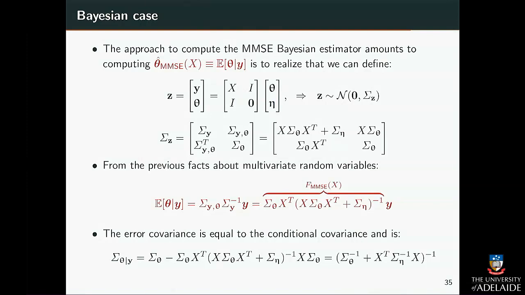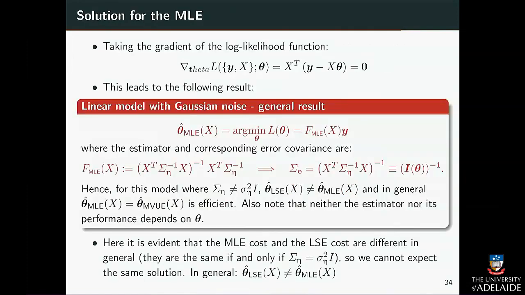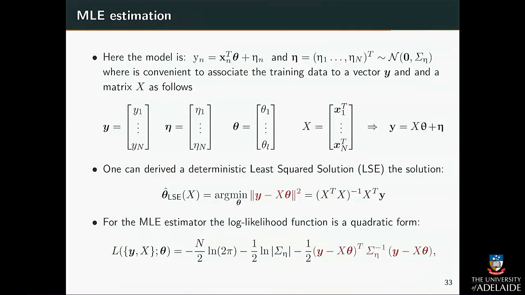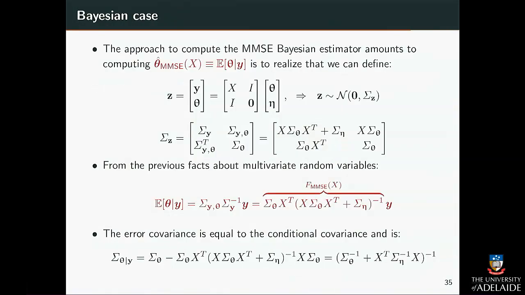And with some particular matrix manipulation, called the matrix inversion lemma, you can actually rewrite it in this simpler way. But in essence, these are the calculations we did before. The only difference is that you have to recognize how to calculate the cross covariance of this and theta, and utilize this trick.